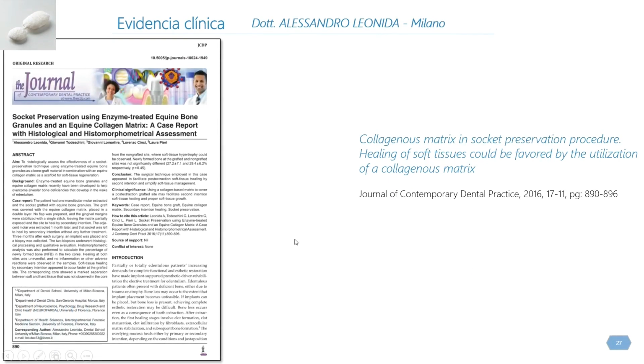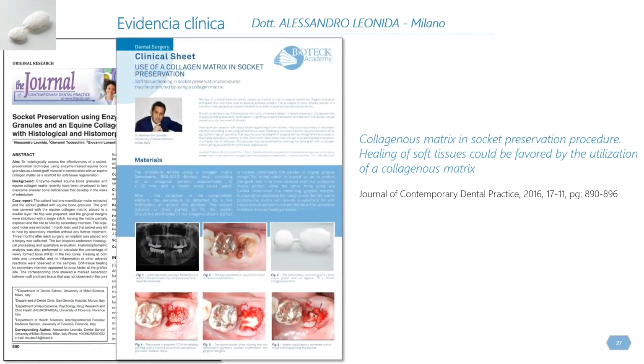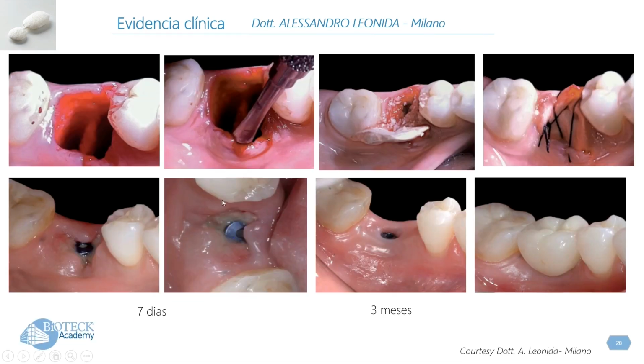And here we see some clinical evidence. This is a case report from Dr. Alessandro Leonida from Milan. It is very well explained in these images, because we see the preparation of the socket, the insertion of the graft, and the coverage with the Xenomatrix that is left exposed and stabilized by these suture stitches.